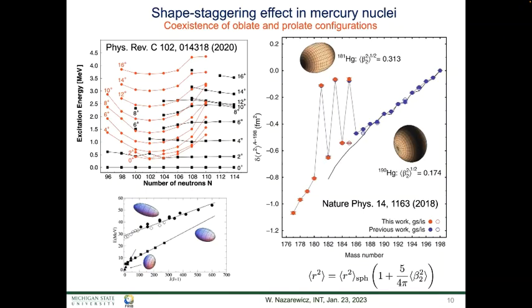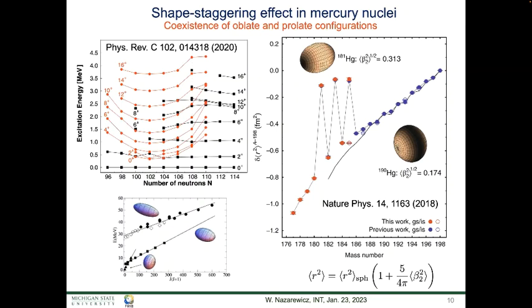Okay, so another interesting example which tells us that the deformations reveal the phase in various experiments. On the right-hand side, you can see charge radii of mercury isotopes, and the blue experimental symbols correspond to the heavier mercury isotopes. You can see small staggering between those charge radii, which can be explained by pairing correlations or nuclear superfluidity.